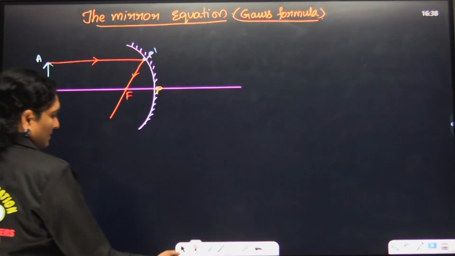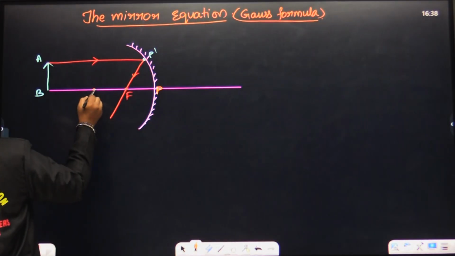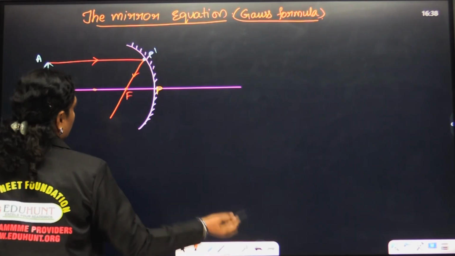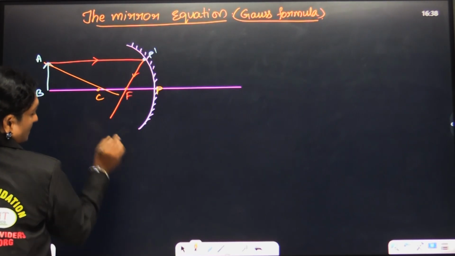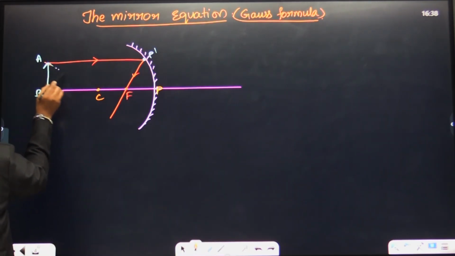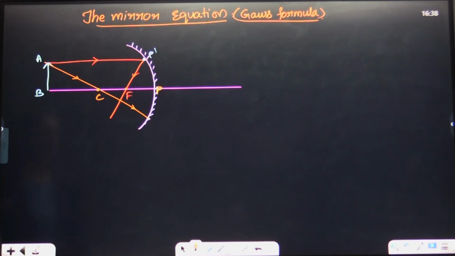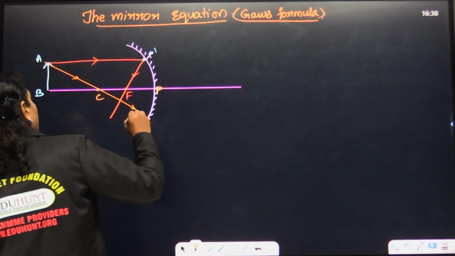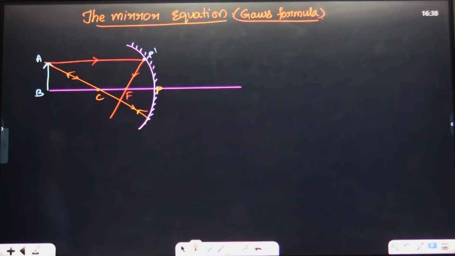Any light ray that is sent through the center of curvature of the mirror is reflected back along the same direction.